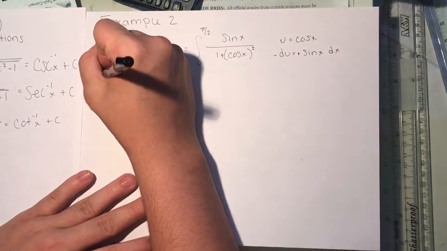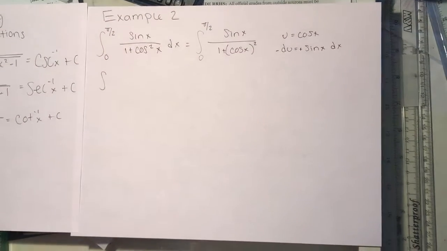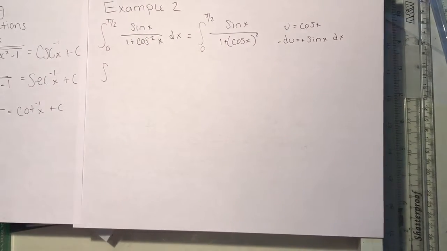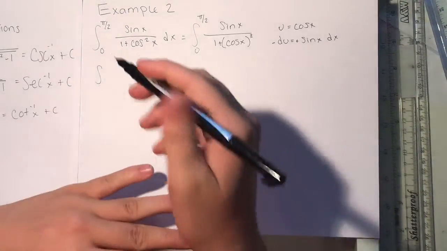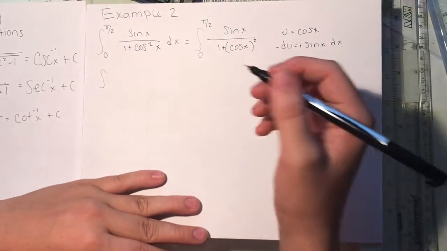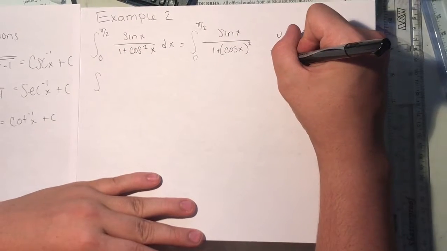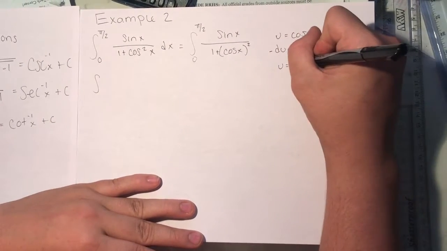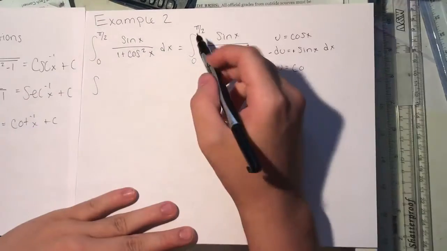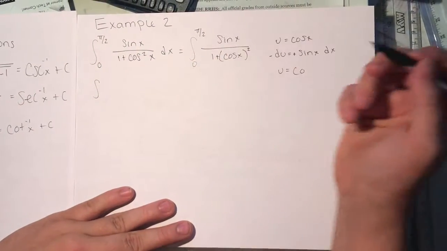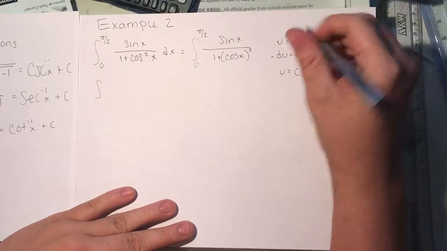And then after we do that, we're going to want to change the limits of integration. So we're going to plug in the 0 and pi halves for the x of this equation.